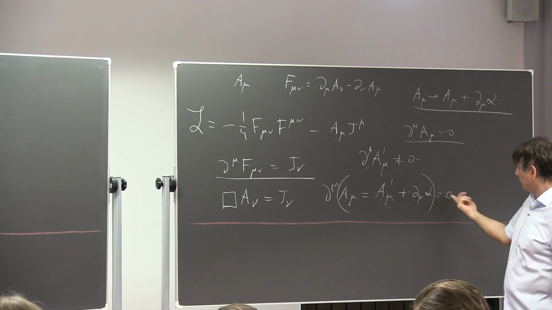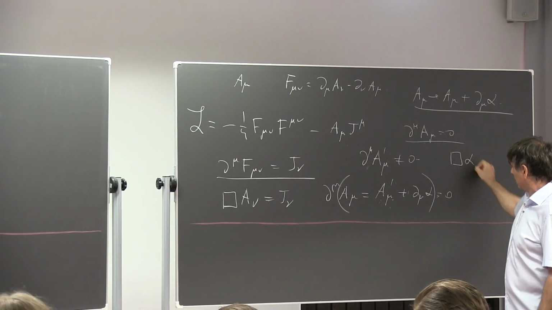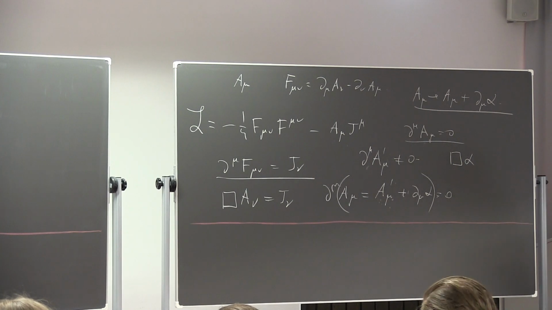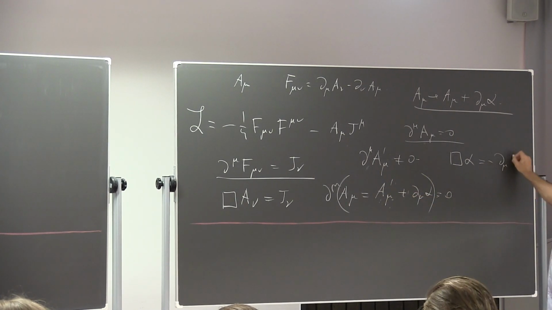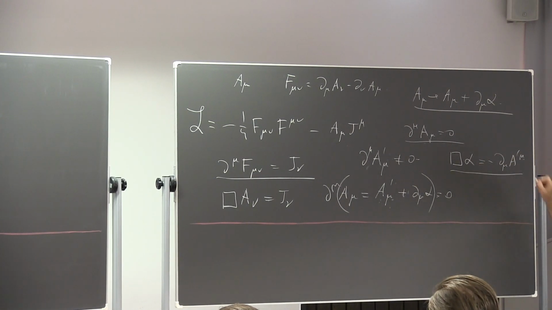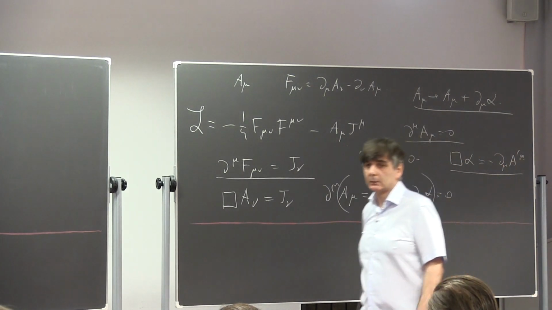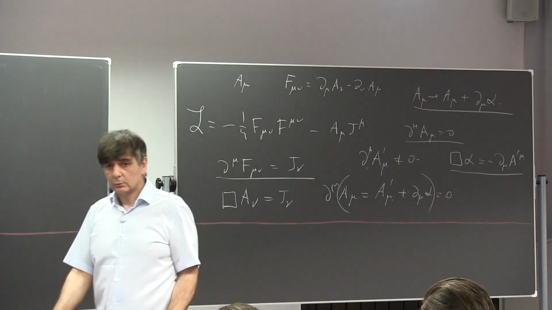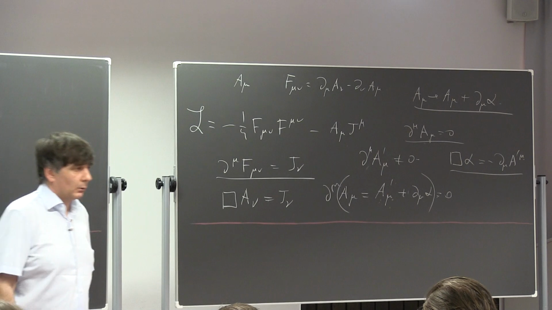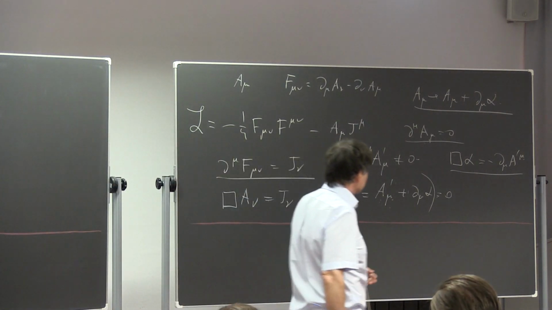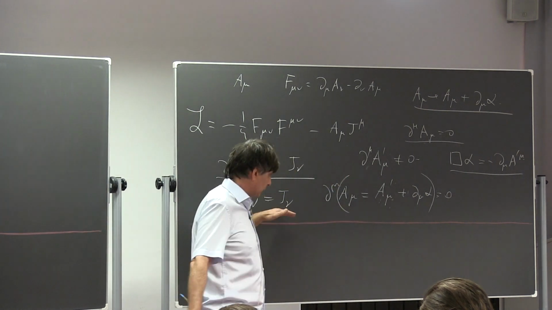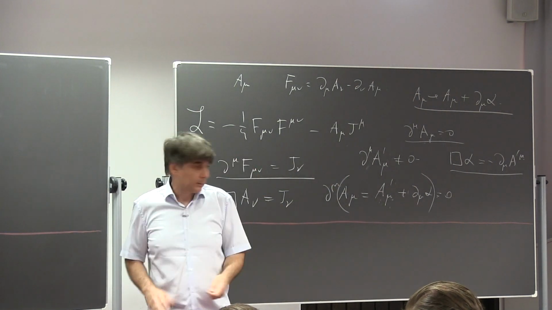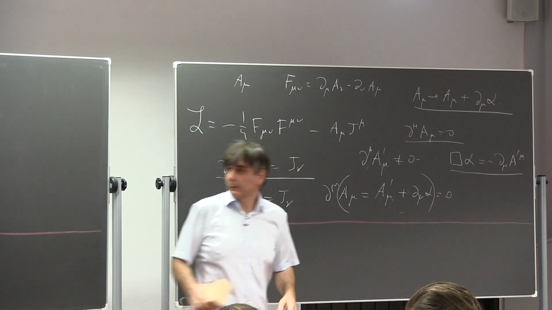So this simply will tell me that alpha as a scalar should satisfy an equation with a source which is the divergence of my old A mu. And this equation always has a solution. So I can always find the corresponding alpha to kill the divergence of the vector potential. Okay, very good. Then the equation acquires a simple form, and we cannot go beyond the red line.